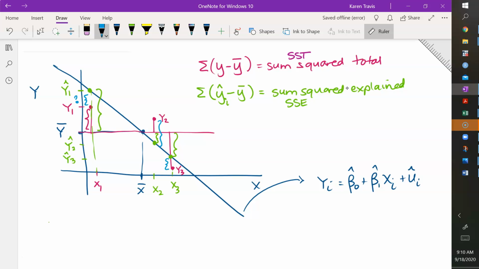So in each of these cases, we're going to think about what was the actual data point versus what I forecasted for that data point, the prediction. And if I add those up, these are the sum of the squared residuals.